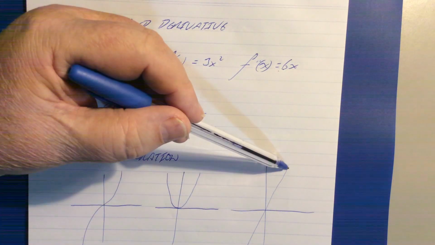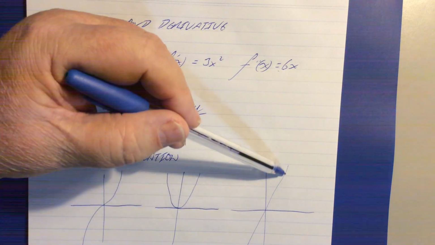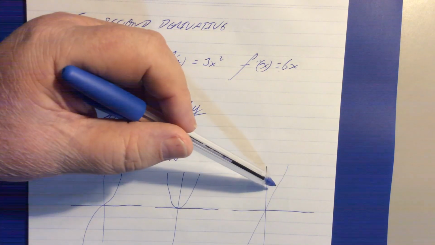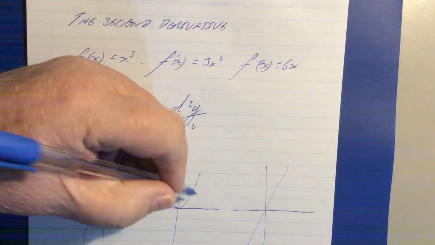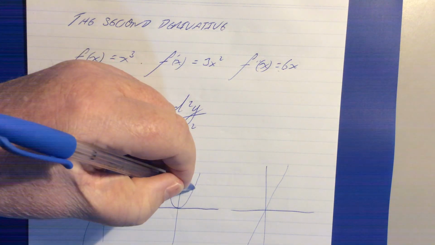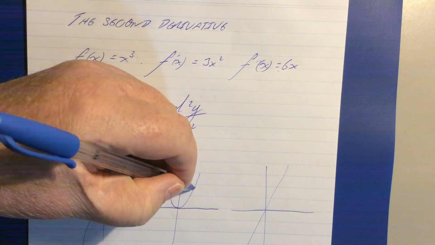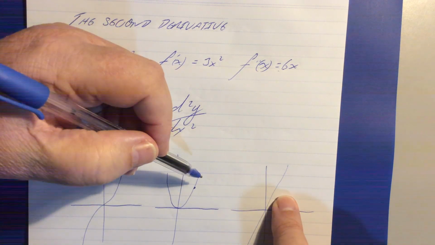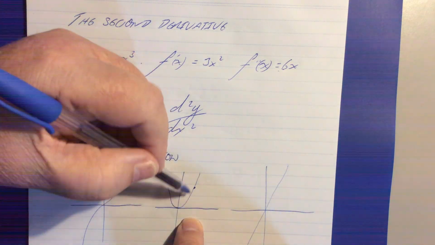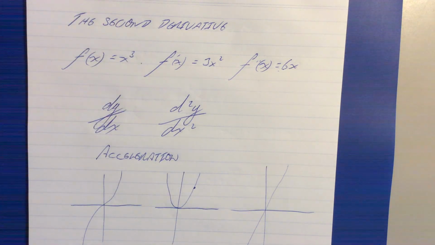So what this line tells us, what this line gives us, is the rate of change in this graph at any point. So for instance here, what is the rate of change here? Well, we can work it out from this function if we know the x value of this. So think about that for a moment.